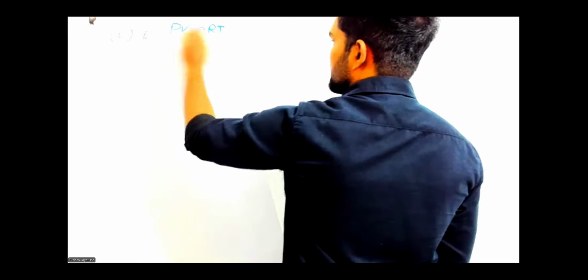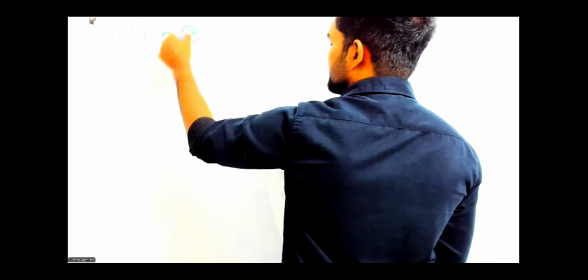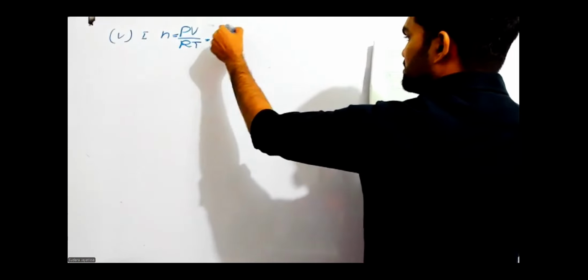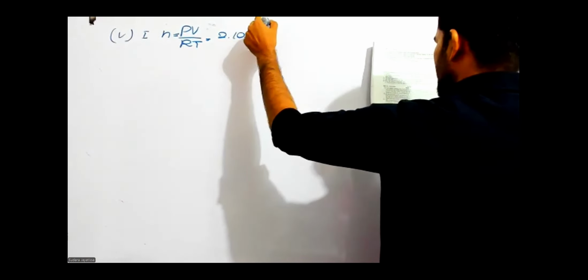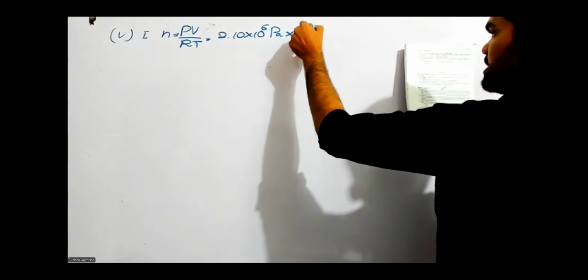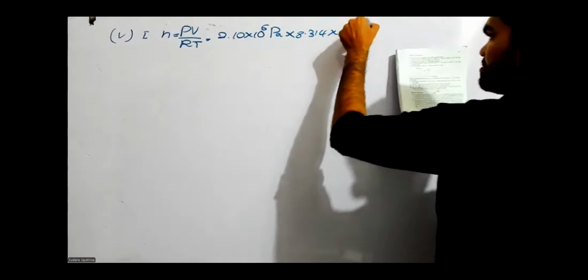Okay, so PV = nRT. We can simply say n = PV/RT. Pressure was 2.10 × 10^6 Pascal. Volume, 8.314 × 10^-3 meter cube.